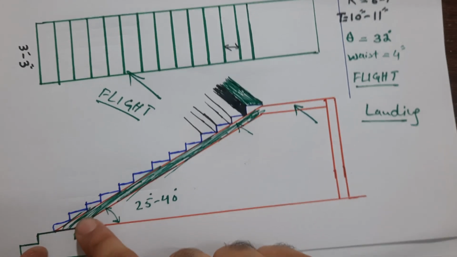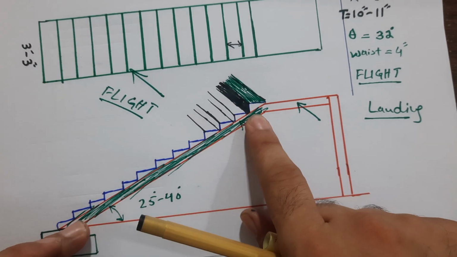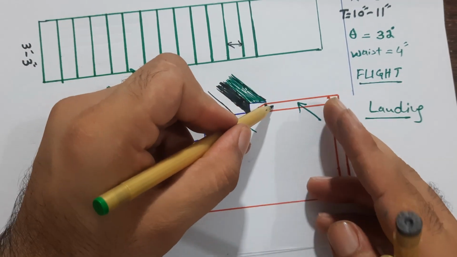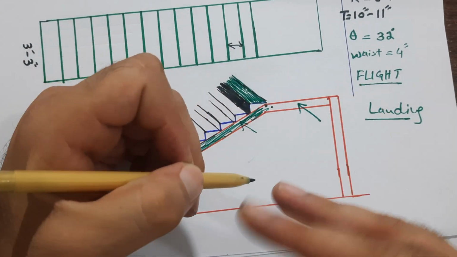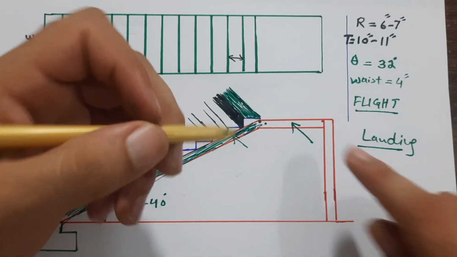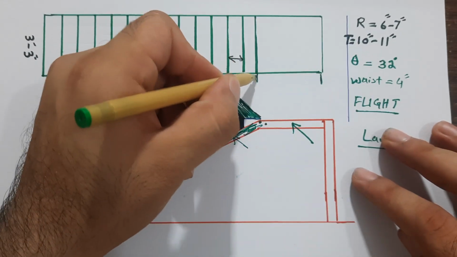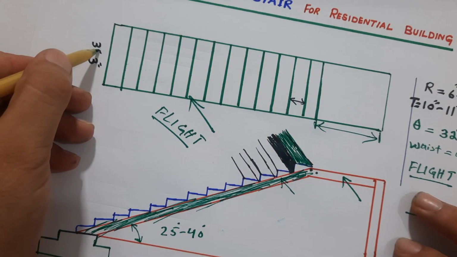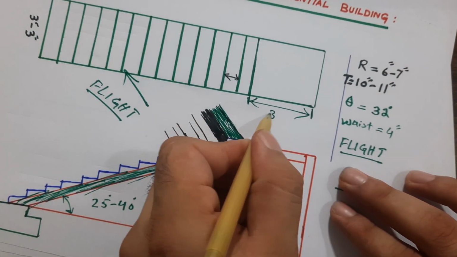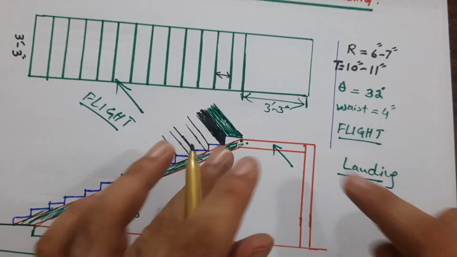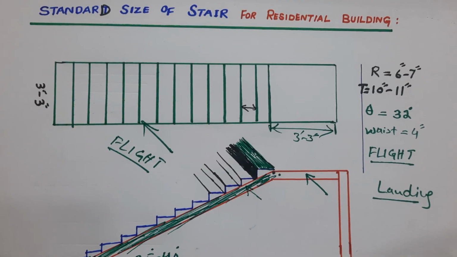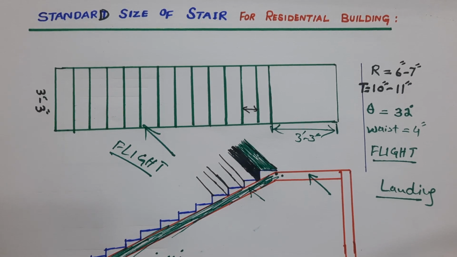When you construct the stair, after the first flight, this is called the landing. After that, when you make the other flight going to the second landing. The landing width should not be less than the standard size of the stair, 3 feet and 3 inches. You can't decrease it. You can increase it, but you can't decrease it, because these are the rules and regulations for construction of stairs.